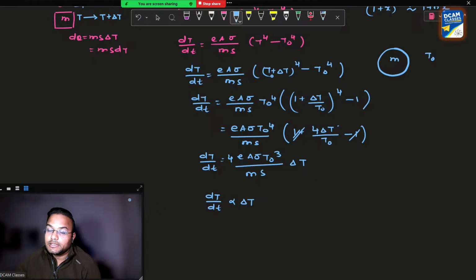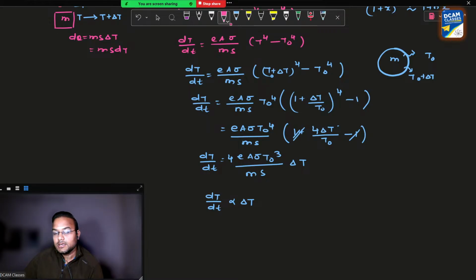The temperature of the mass is higher than the temperature of the surrounding by a factor of delta T, means its temperature is T naught plus delta T. So for the heat released due to this, we are creating this equation.